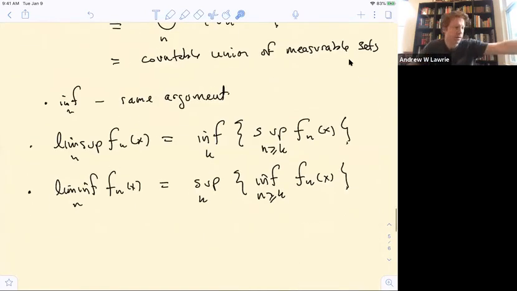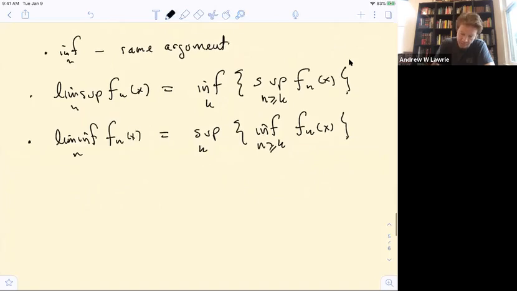Okay, so that's that. And a corollary is that we've proved something quite strong, right? If a sequence of functions is convergent, that just means the lim sup and lim inf are equal to each other. But by this previous theorem, these are measurable functions.